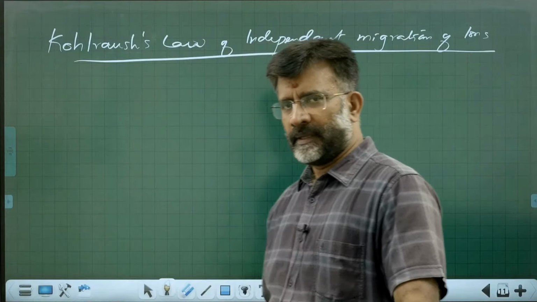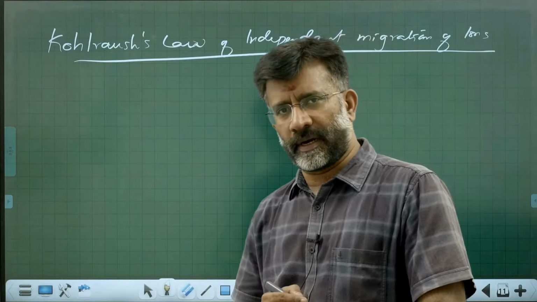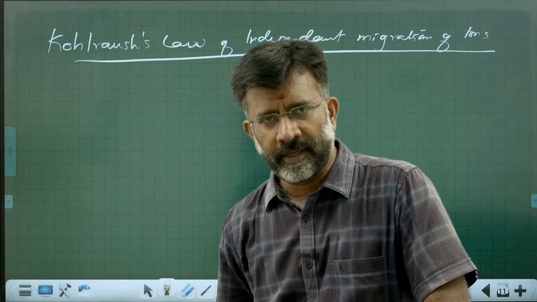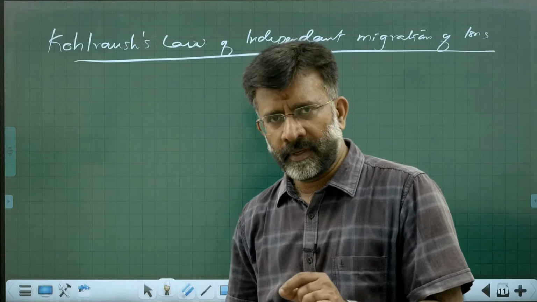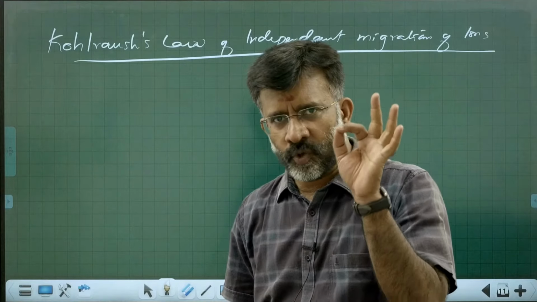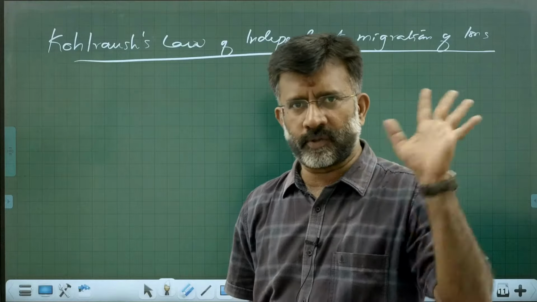I repeat, the limiting molar conductance, or molar conductance at infinite dilution, of every electrolyte will be the sum of the limiting molar conductance offered by the individual ions present in the solution.